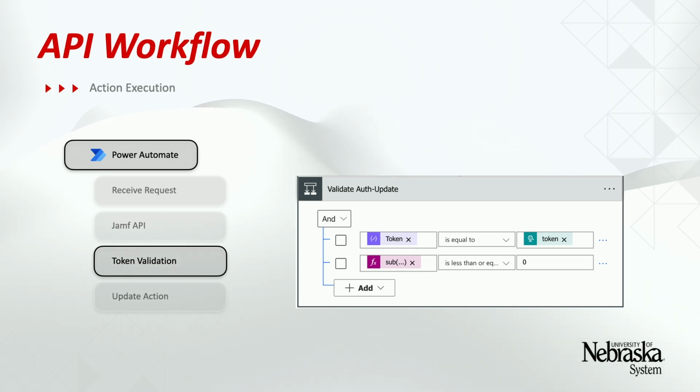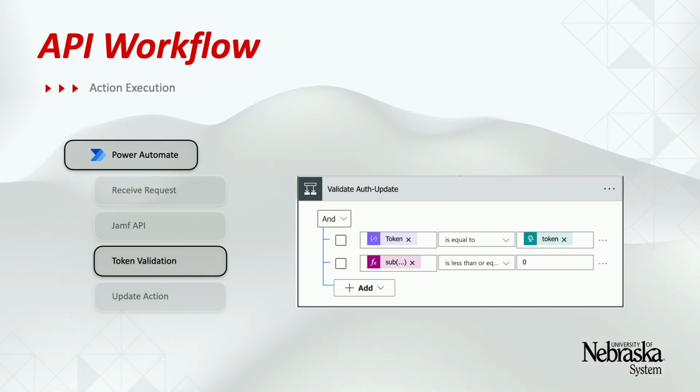If not, we're going to do something else. Additionally, we're going to check that timestamp value. If we're outside of that threshold, it's going to fail as well. So we have 10 minutes after the token was originally created for it to actually perform some action.